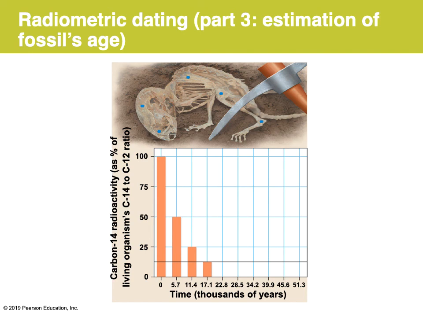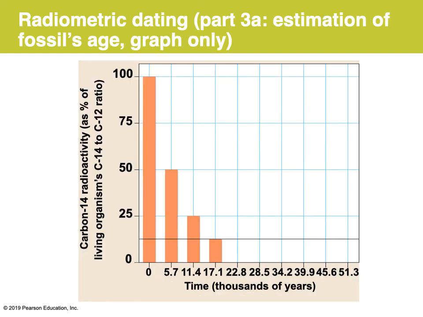If there's only 25% carbon-14 to 75% carbon-12, then it's probably been dead for about 11.4 thousand years, or 11,400 years. So you're not going to get an exact date, but it gives you a rough idea of how long something has been dead.